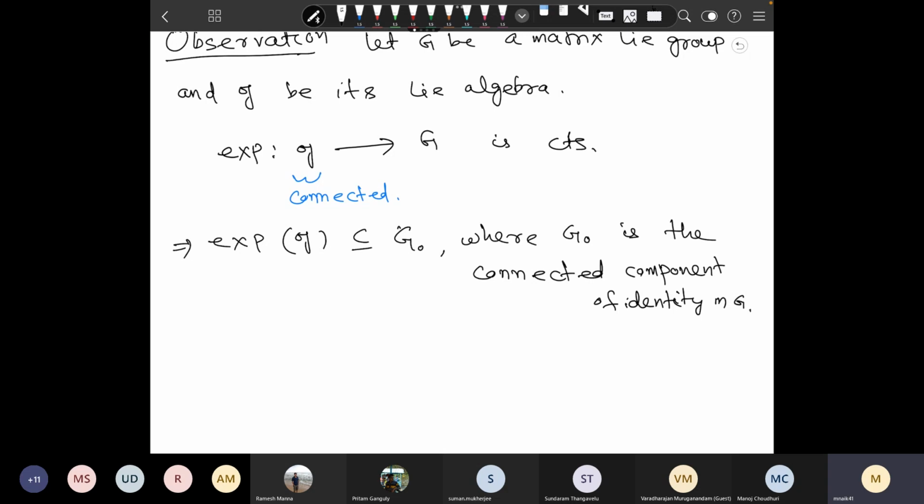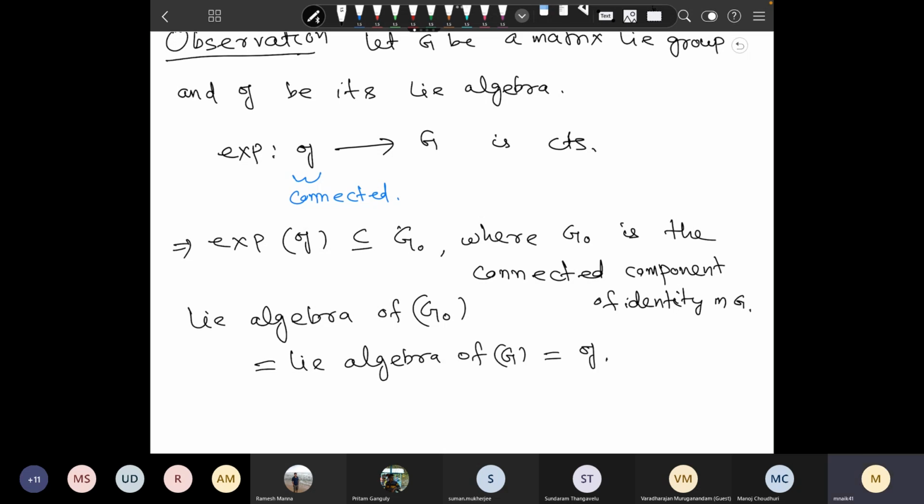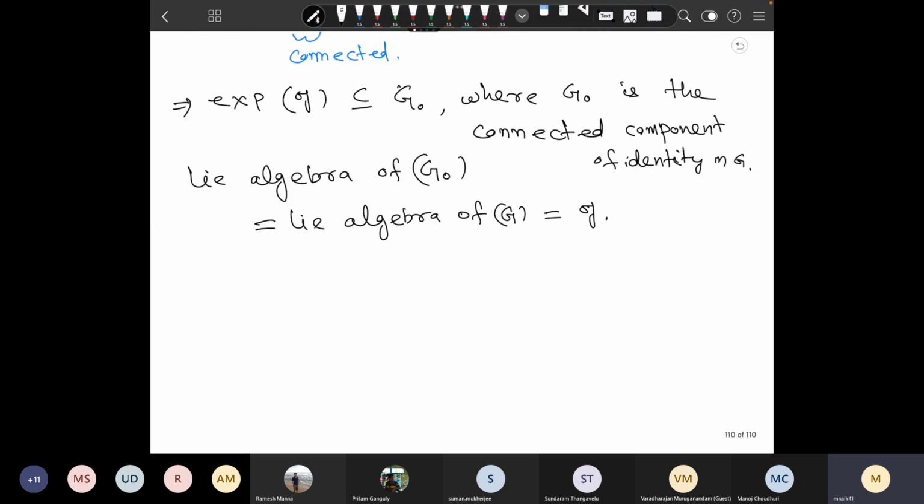By exactly the same argument, the Lie algebra of G naught is the same as the Lie algebra of G.